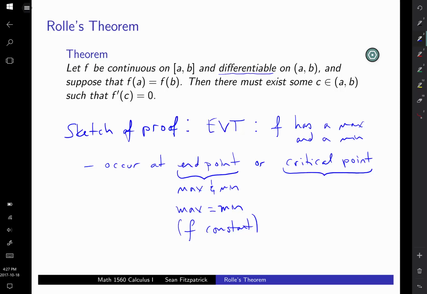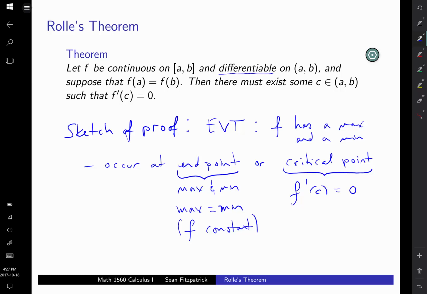But if f is differentiable all the way across, then there are no points where f prime doesn't exist. And so that must mean that there has to be a point where f prime equals 0. And that's more or less how you would establish Rolle's theorem. Once you fill in the details, this is why Rolle's theorem is true.